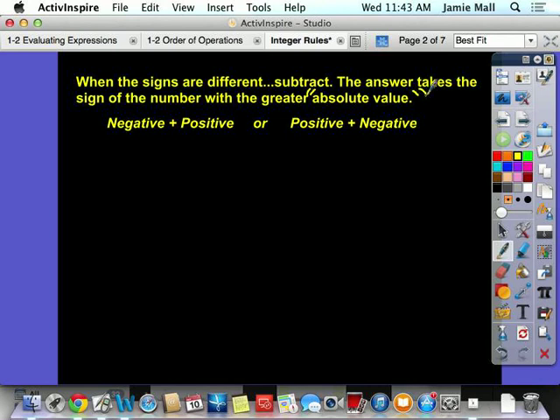Let's remember that the absolute value of a number is its distance away from 0. So if we are adding a negative plus a positive or a positive plus a negative, sometimes our answer is going to turn out to be negative, and sometimes our answer is going to turn out to be positive.